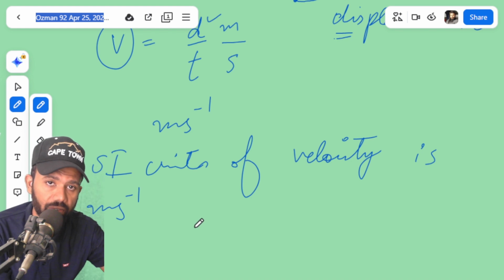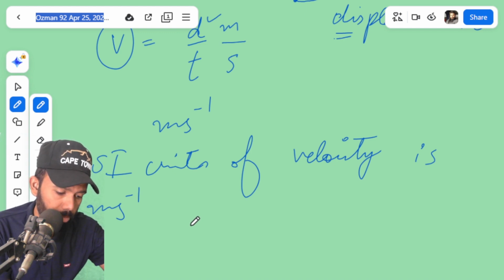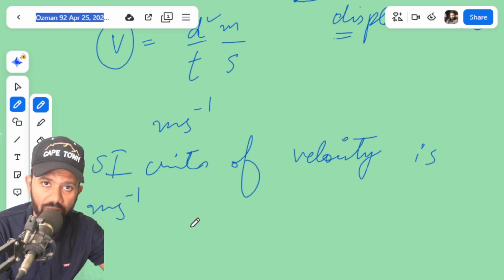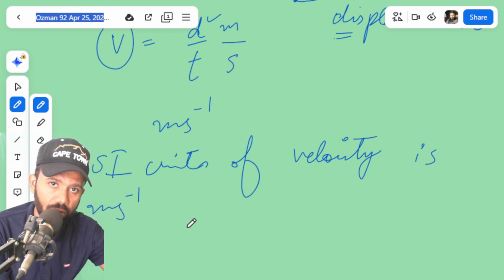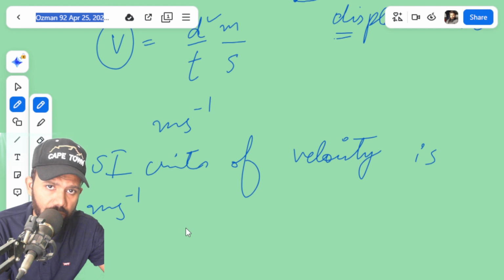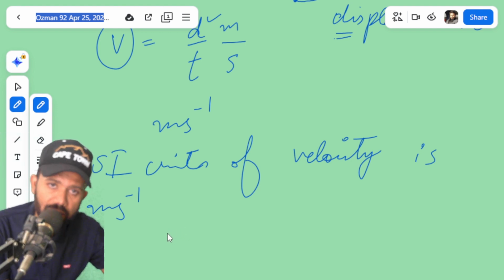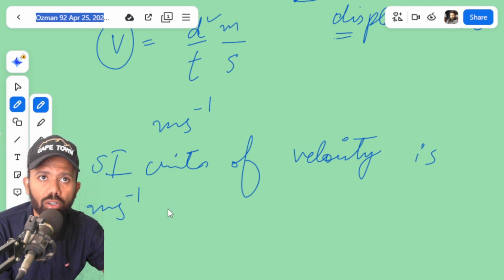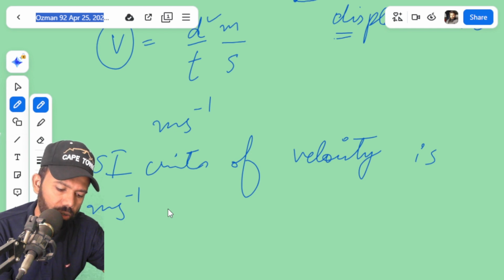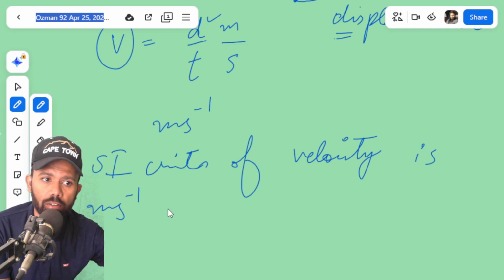Of course, we have other alternative units, depending on the situation and circumstances. If you're having long displacements, definitely you'll find it in kilometers per hour. Maybe you can say meters per minute and millimeters per second. Like we talk about the speed of light. So velocity is calculated in meters per second in SI units.